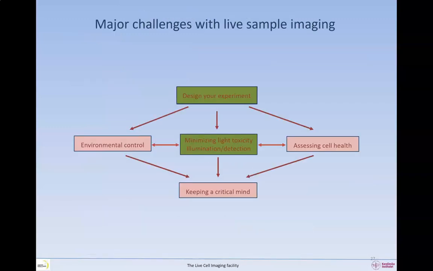Now that you know how you want to image your sample, let's see if the microscope you chose to perform your live imaging would provide the same environmental conditions as your cell incubator. Because you will need to create and maintain the conditions that keep cells functioning and healthy during their entire time on the microscope.